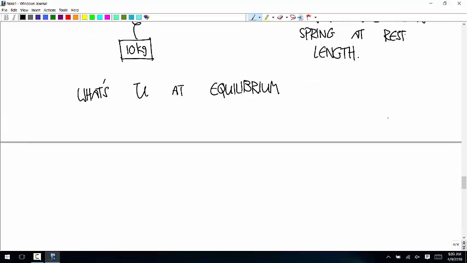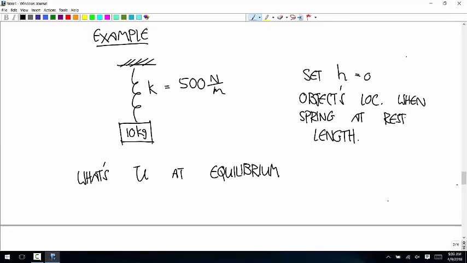What is equilibrium? That's when it's not moving. So it's hanging there. The spring's resting length is, say, 10 centimeters. And then you hang this mass from it, and the weight of the mass stretches it a little bit. Okay, we'll see.